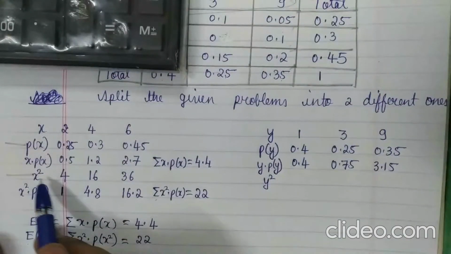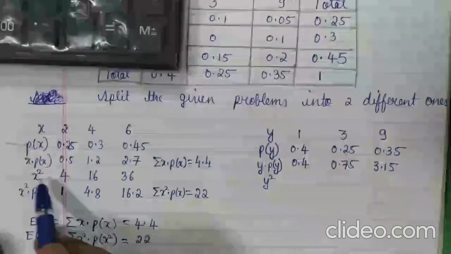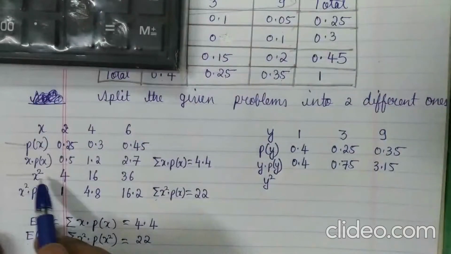Of y square, if you add up, summation of y square into p of y, it is 31. Similarly, again, we find E of y and E of y square.